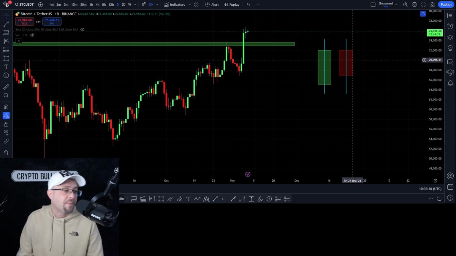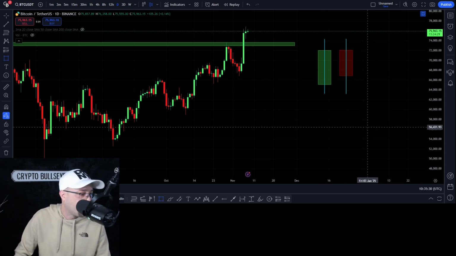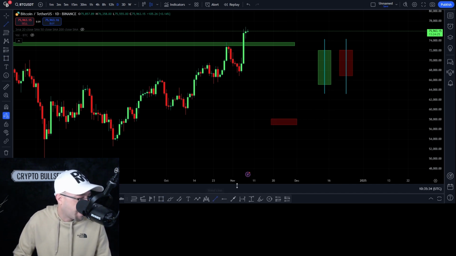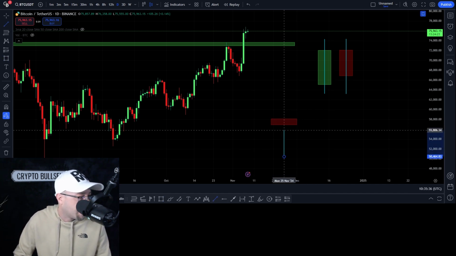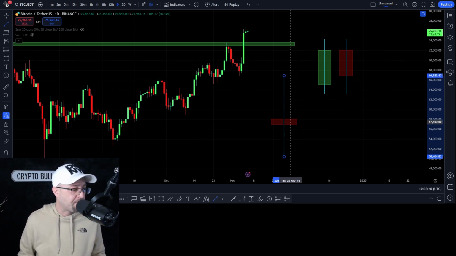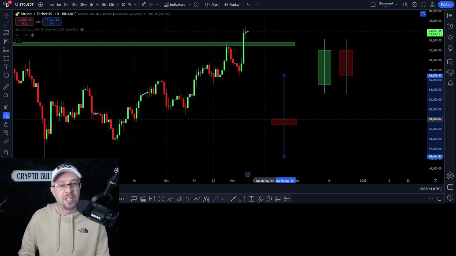Now, another thing that you might see is something that looks like this. Then you've got the extreme highs and the extreme lows. So if you imagine this as your session, remember it's a bearish candle. So we've got the open here, and then we've got a red candle that's moved to the downside.